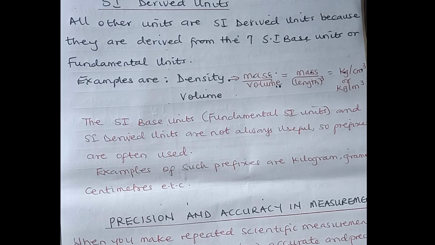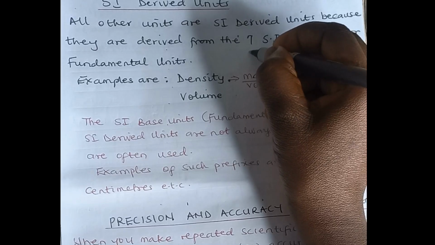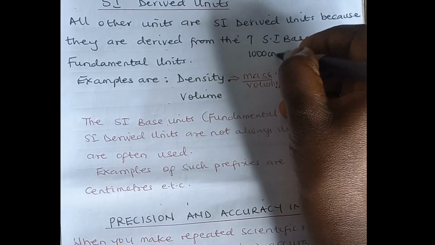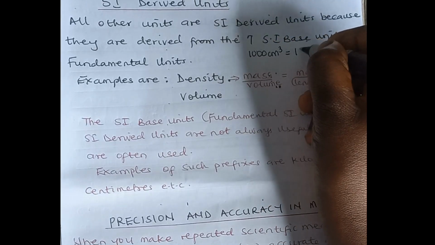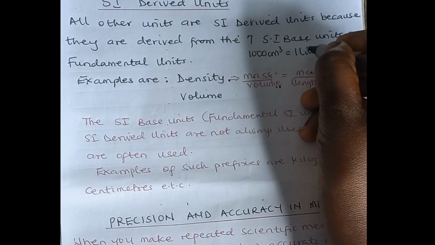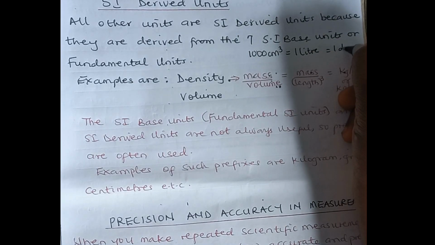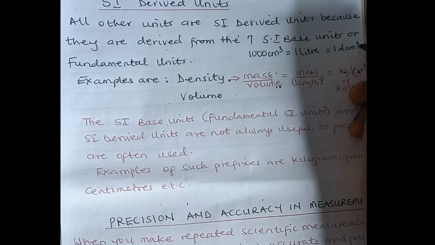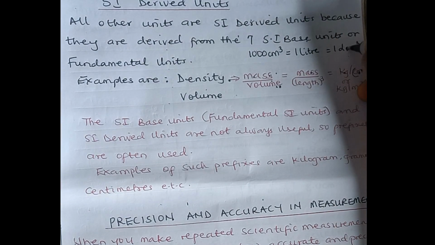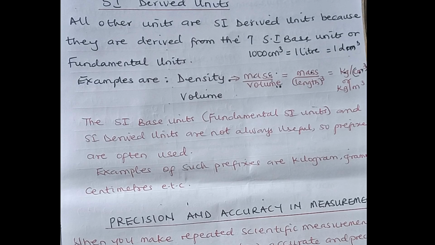Or let's say volume is in liters. But when it comes to liquid, 1,000 centimeter cube is also 1 liter, which is 1 dm cube. So it means that volume can also be represented as centimeter cube.